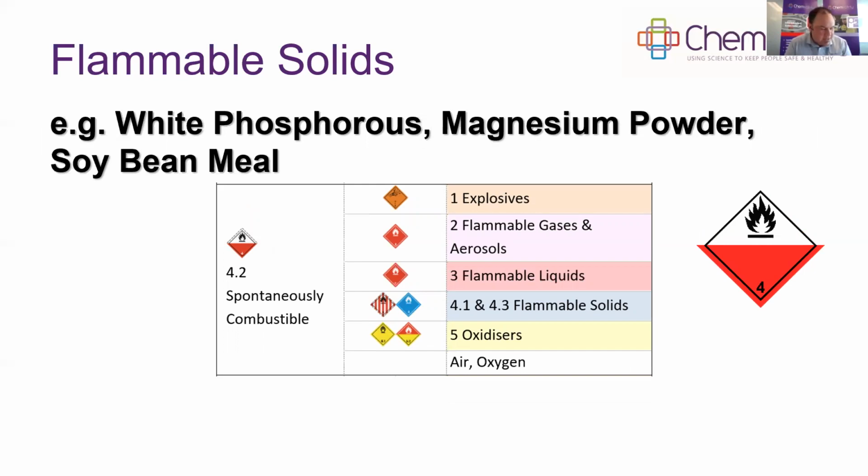4.2, so these are substances that are spontaneously combustible. And there are many examples. We've got the example of white phosphorus, magnesium powder, and things such as soybean meal as well. As you can see there, they are incompatible with the following substances. It's interesting to note that we have a couple of examples.